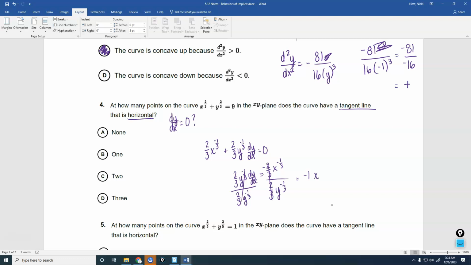So I got negative 1 x to the negative 1/3 y to the negative 1/3. Now that has negative exponents inside a fraction. I don't like it. So I'm going to move my negative exponents. So this is going to be negative y to the 1/3 over x to the 1/3. And if you want, you can write it like this. Negative cube root of y over cube root of x.